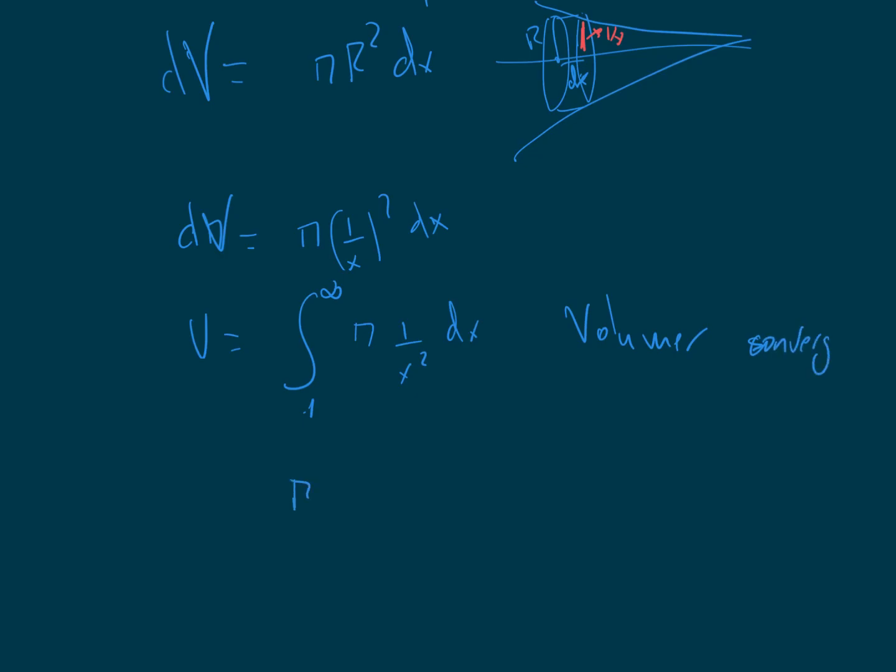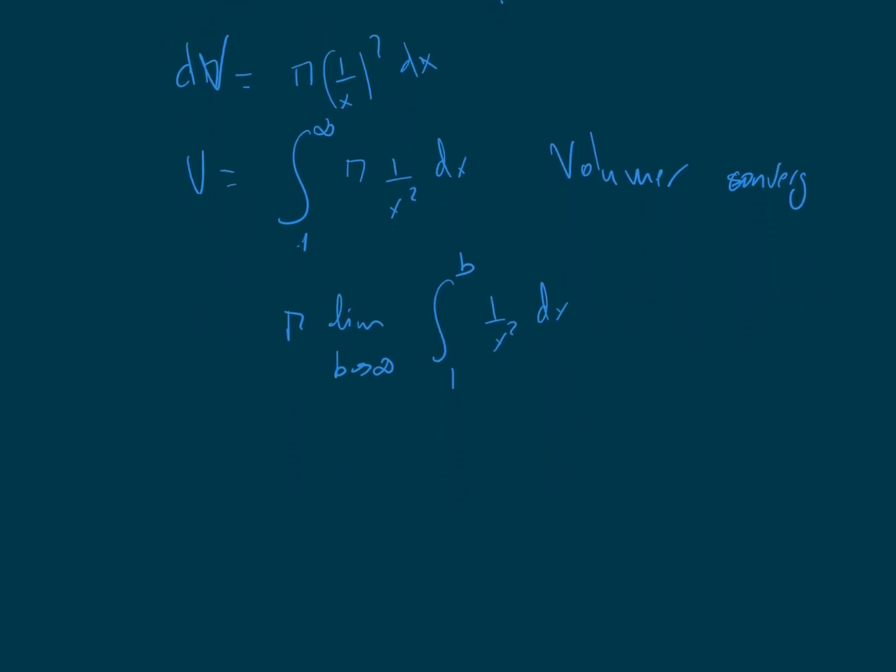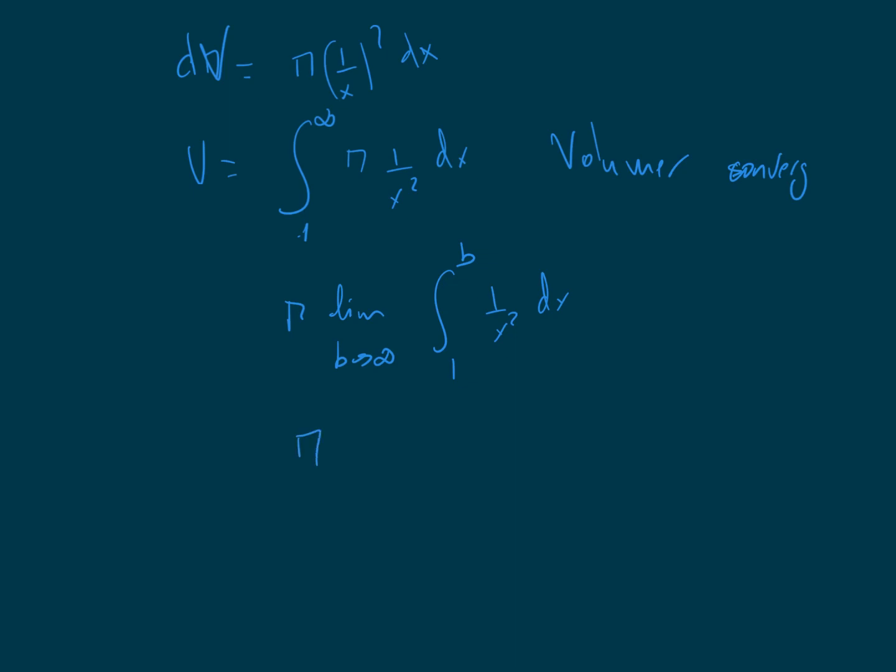To what will it converge? Well, it will converge to pi, the limit when v goes to infinity of the integral from 1 to v of 1 divided by x squared dx. So it will be pi times the limit, where the antiderivative of x to the minus 2 is x to the minus 1, which is minus 1 divided by x, between 1 and v.